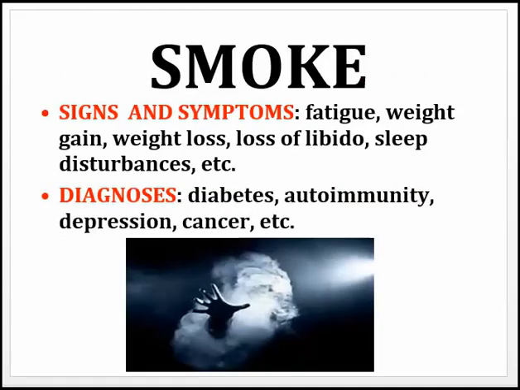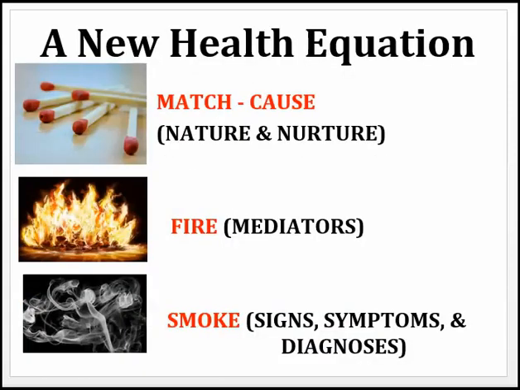Then eventually, as we're building on this equation, we get to the smoke, right? The signs and symptoms: fatigue and weight gain, weight loss, loss of libido, sleep disturbance, etc. And then finally, we get the named diagnoses like diabetes and autoimmunity and depression and cancer and so forth. So let's put it all together, right? We have a new health equation. We have the match, which is the cause.